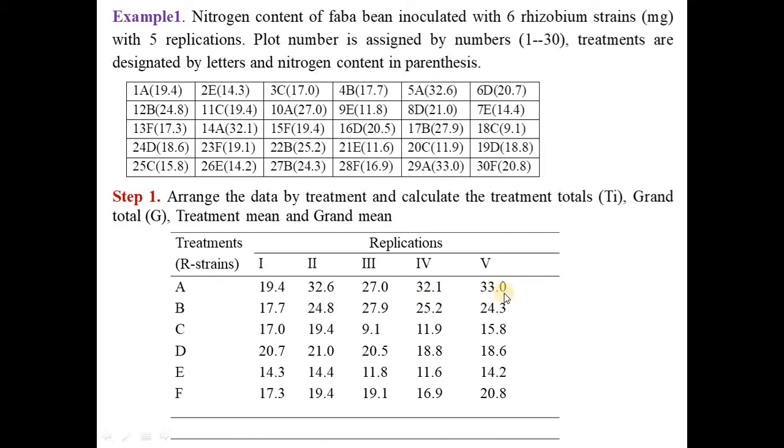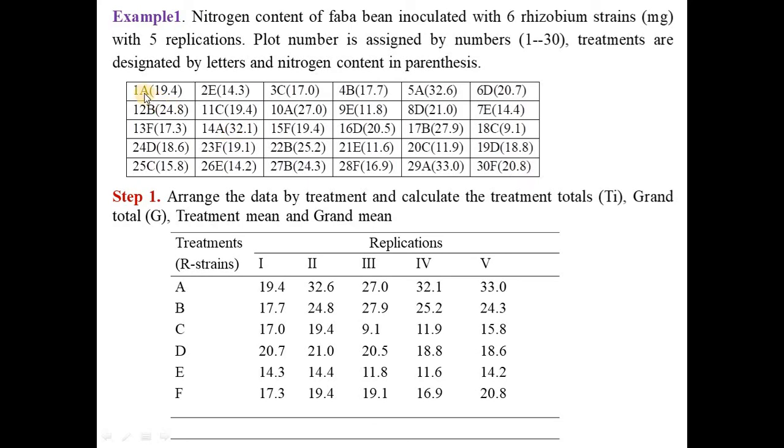First, we have to arrange the data treatment-wise and replication-wise. Here there are 6 treatments, 1 2 3 4 5 6, A B C D E F, and also the replications from 1 up to 5. So A is replicated 5 times. From the 30 experimental units, each treatment is assigned to 5 experimental units.